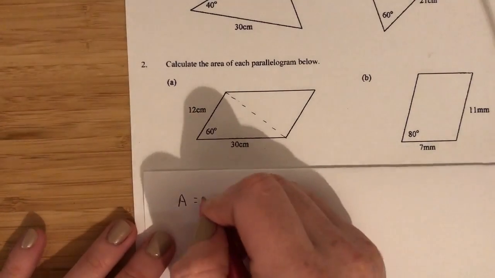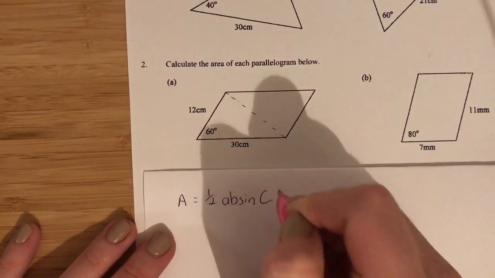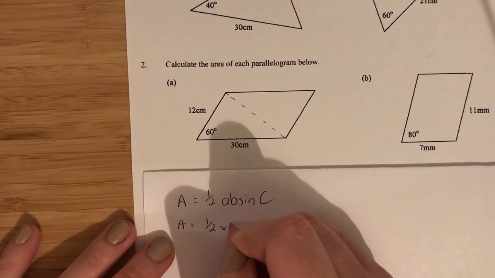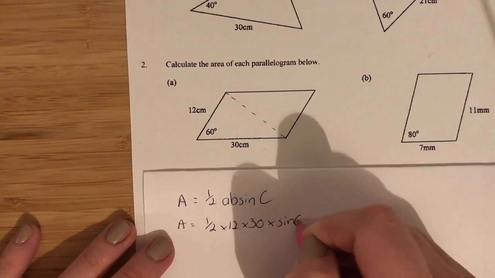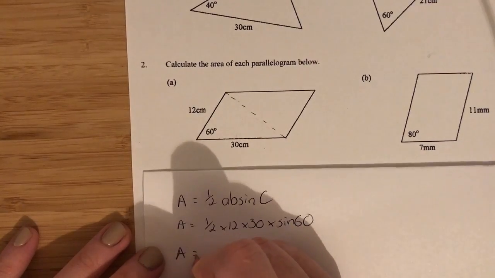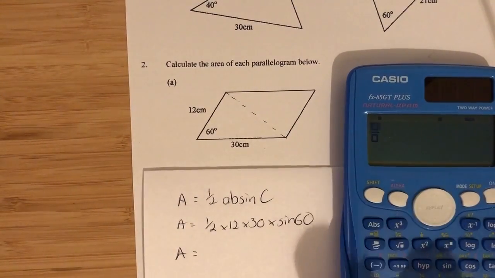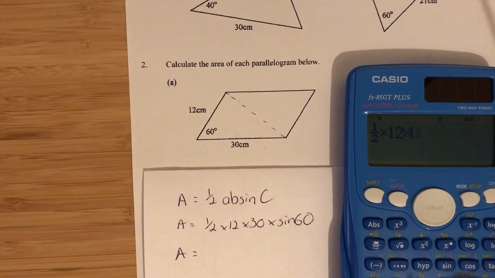So area equals half AB sine C. Area equals a half times 12 times 30 times sine 60. So a half times 12 times 30 times sine 60.